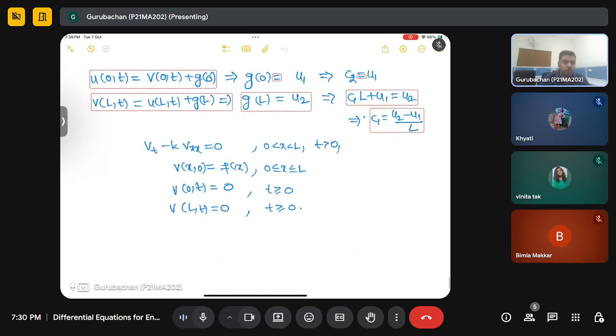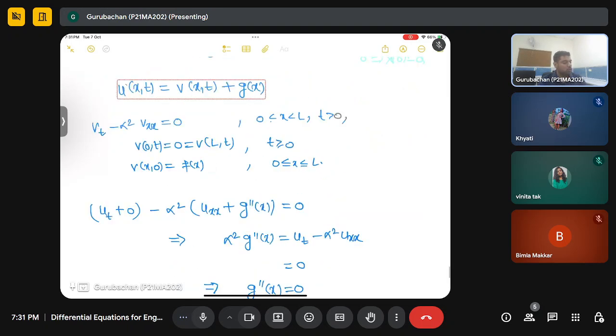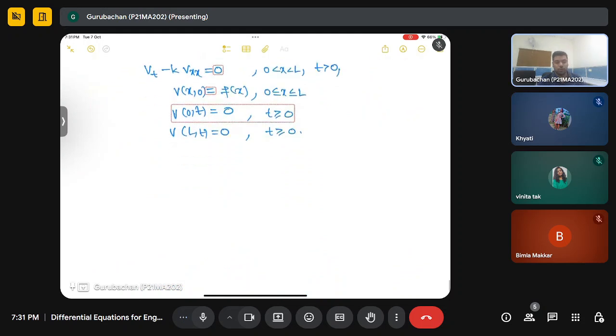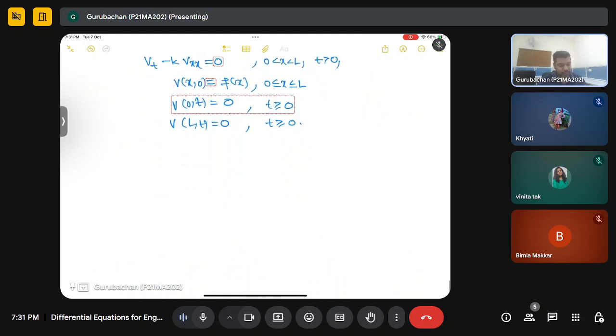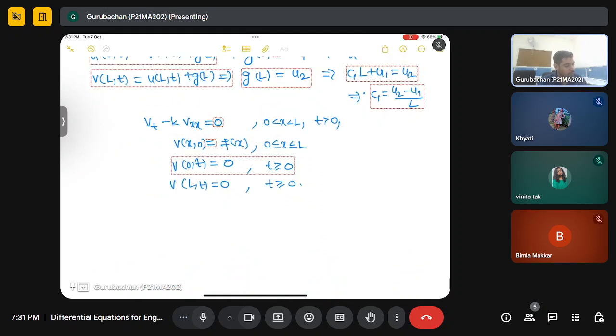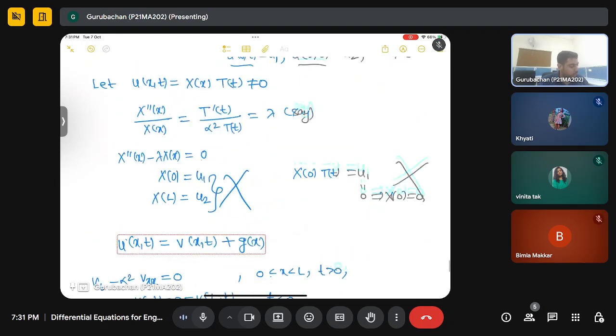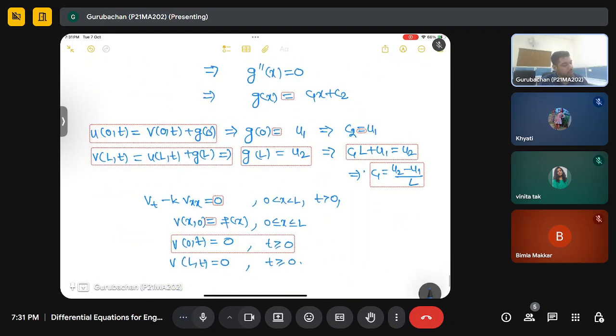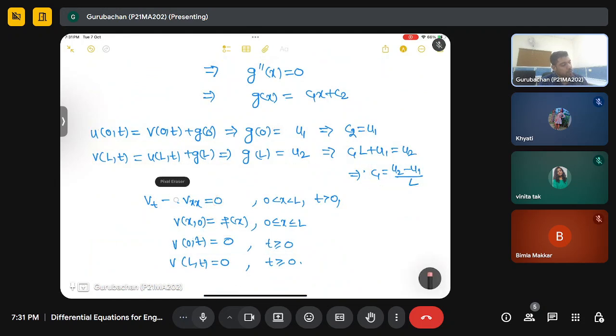The solution of this initial boundary value problem you already know, as we have done it in the previous question number 2. I am writing directly here. From question number 2 we know that, here it is not k, it is alpha square.